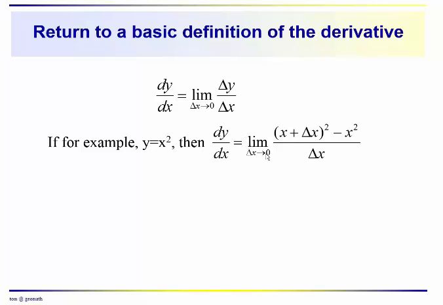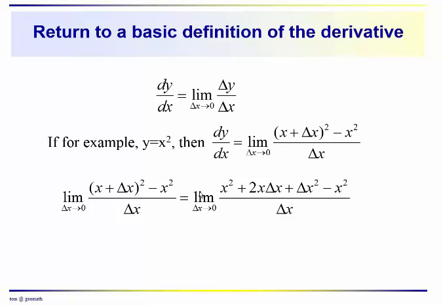So if we're evaluating y is equal to x squared, following this formula, the derivative is equal to the limit as delta x goes to 0 of (x plus delta x) squared, that's our y plus delta y, minus x squared, over delta x. Multiplying this out, the expression becomes x squared plus 2x delta x plus delta x squared, minus x squared, over delta x.